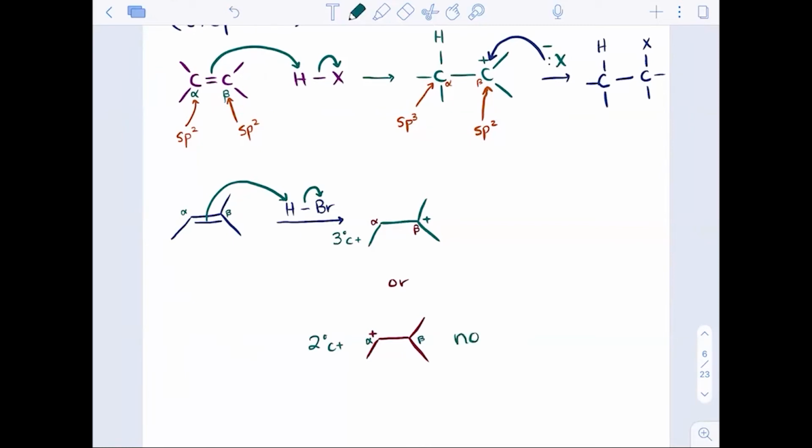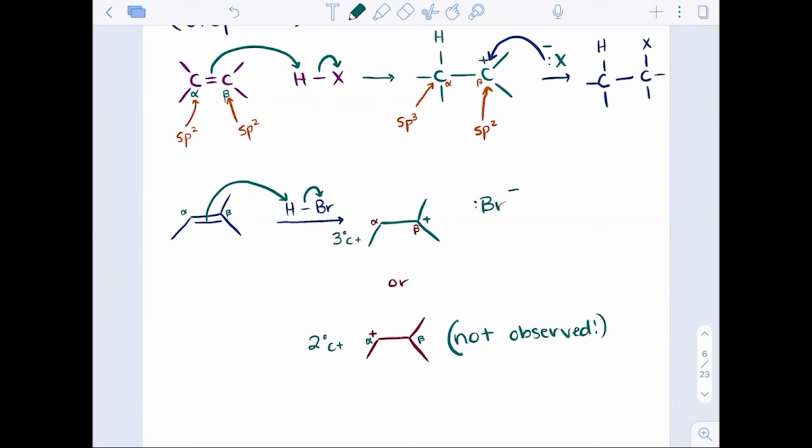This is not observed because the carbocation will always choose to go on the more substituted position. It's more stable there. So the actual transition state of that first step, the proton transfer, which is our rate determining step, will be more suited to become a tertiary carbocation than a secondary.